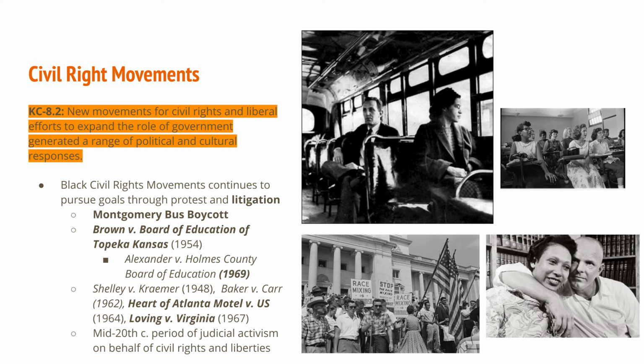Now, as far as litigation, that was also very successful for the civil rights movement. So the first real big case to bring down segregation in the United States is Brown versus the Board of Education of Topeka, Kansas, in which Linda Brown, a grade school black girl, is suing to go to the white school in Topeka.